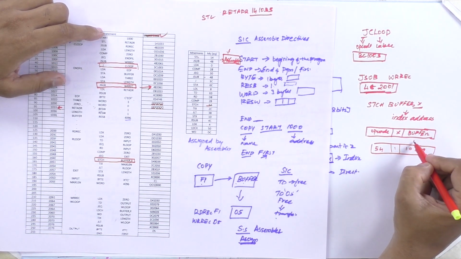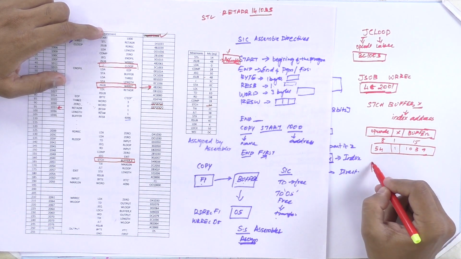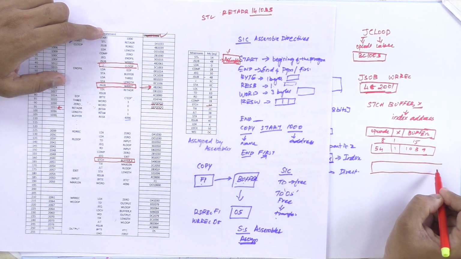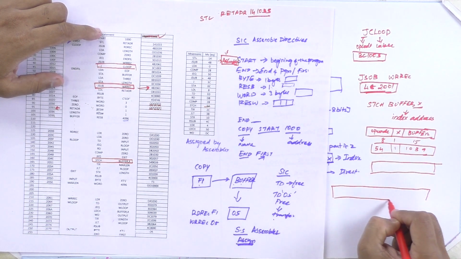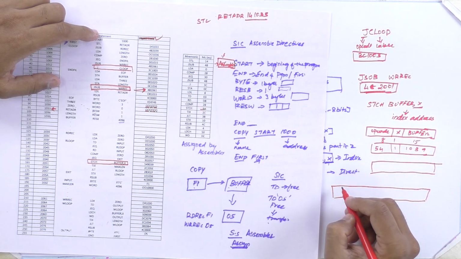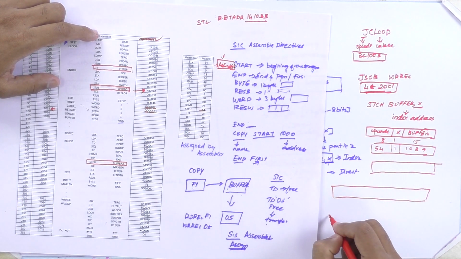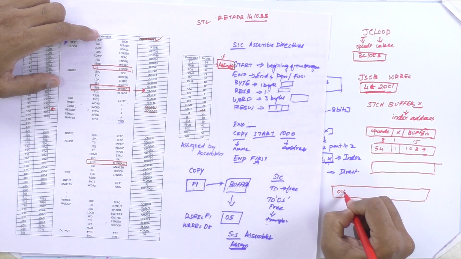Now this address should be represented in 15 bits, with 1 bit for X and 8 bits for the opcode. So 54 in 8 bits: 5 is represented in the 8421 method, 4 plus 1, so 0101.